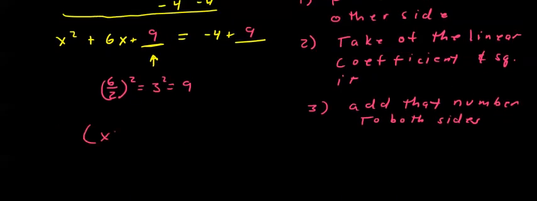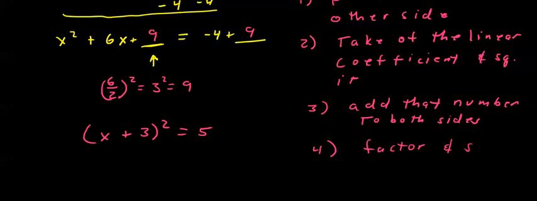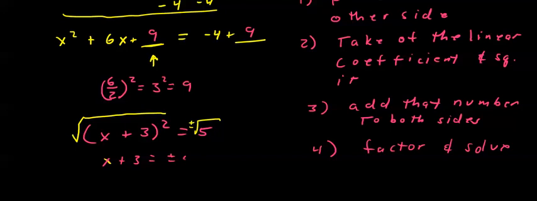Now I factor. X plus 3, quantity squared equals 5. Factor and solve. And now it's just like what we did yesterday. Square root both sides. X plus 3 equals plus or minus the square root of 5.